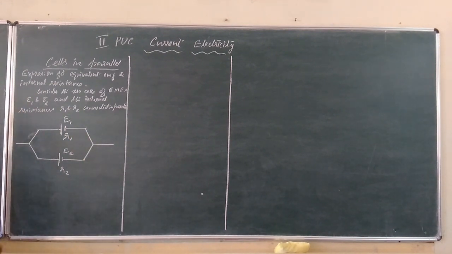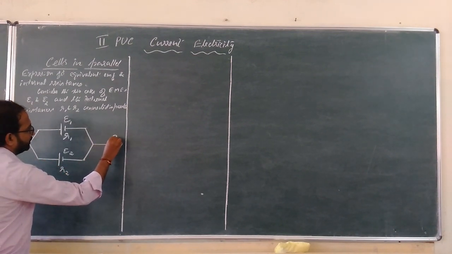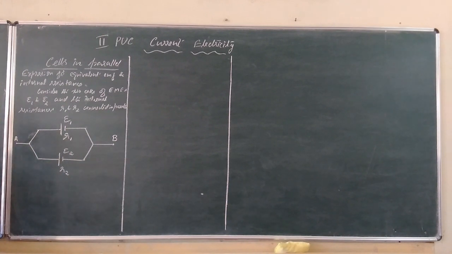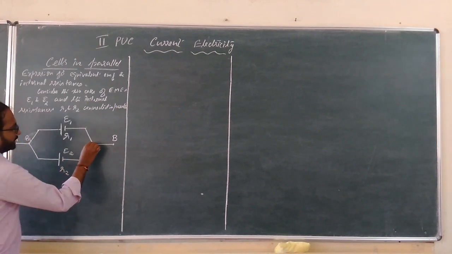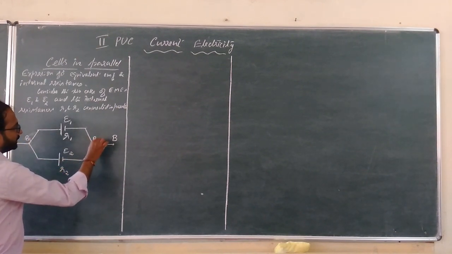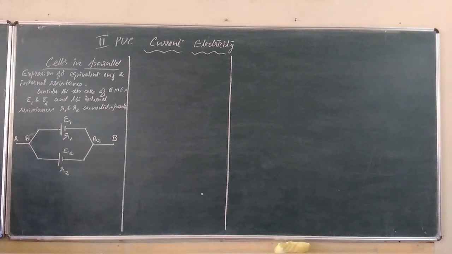Okay, so this is a parallel combination of cells. So this point is A and this point is B. Say this point is B1 and the other point where the negative electrodes are connected together is B2.